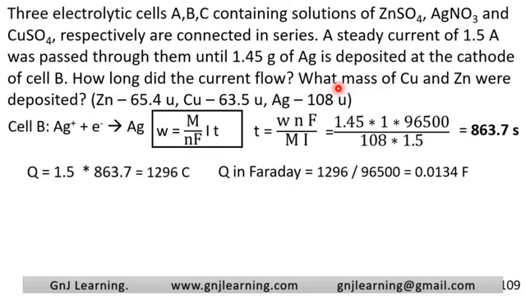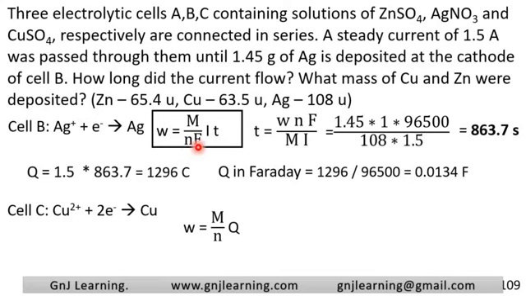Now what is the next question? Mass of copper. So now I have Q in Faraday, and in cell C I have the reaction. Cell C is copper sulfate, Cu2+, which upon accepting 2 electrons gives Cu. So n is equal to 2. Since I have Q in terms of Faraday, I can use the equation where Z is expressed as M by n. Earlier it was in coulombs because I and t were provided, so I had to use M by nF.